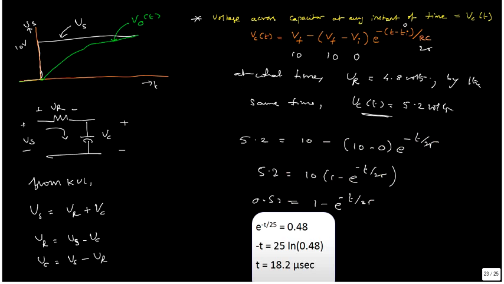e power minus t by 25 is equal to 0.48. 1 minus 0.52 will become 0.48, and you can calculate t by taking the natural logarithm. If you take the natural logarithm, t by 25 is equal to natural logarithm of 0.48. Next, t is equal to 25 into natural logarithm of 0.48.